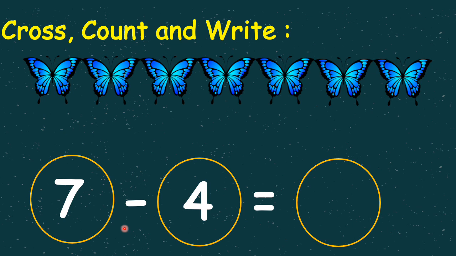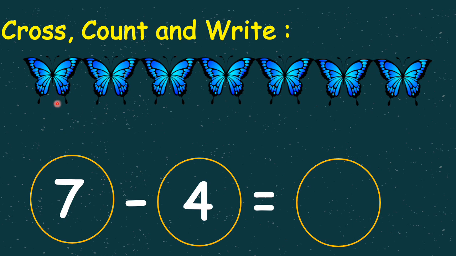But how many butterflies should we take away or cross here? We need to cross 4 butterflies and then count the number of butterflies remaining after crossing the 4 butterflies. Shall we do it now and check what the answer is? Okay, so we cut 4 butterflies.